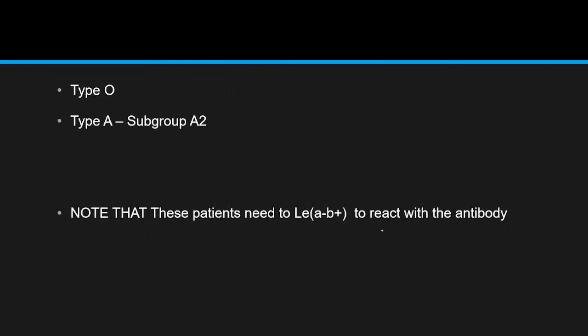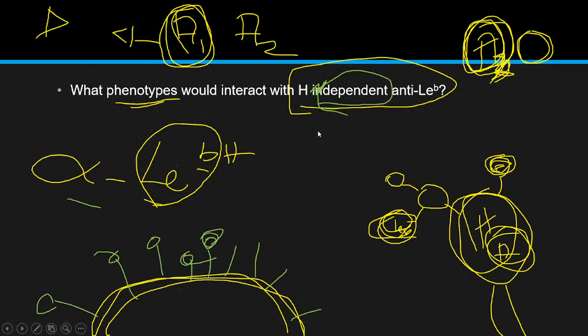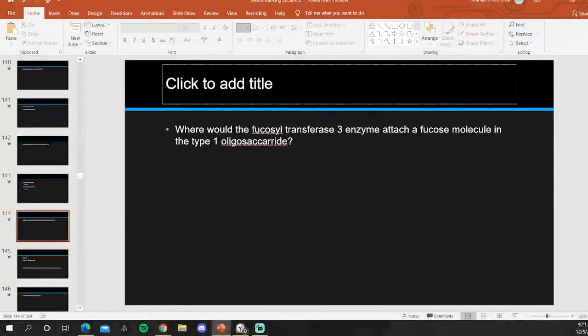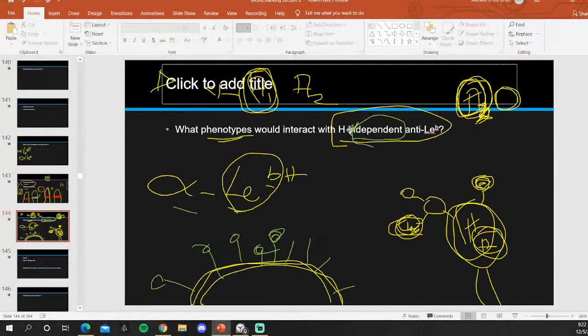Note that LEB will react with the antibody. So I need to remove that one.